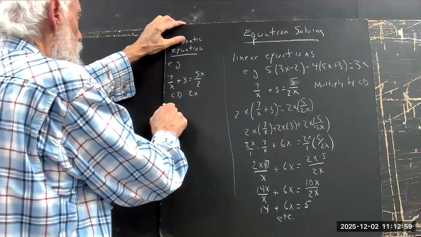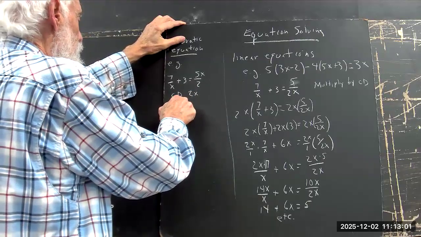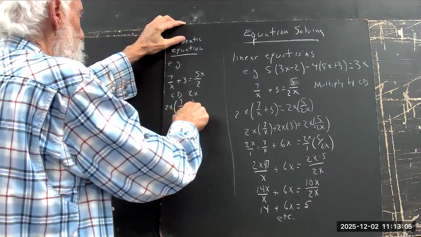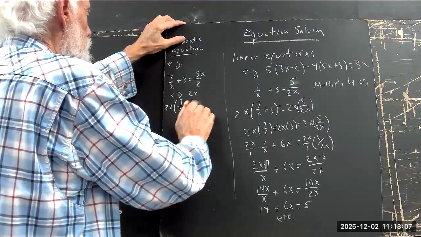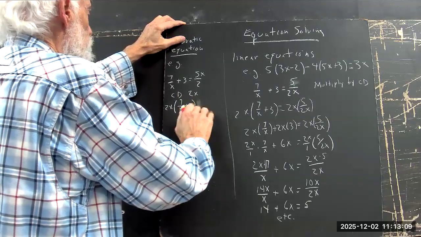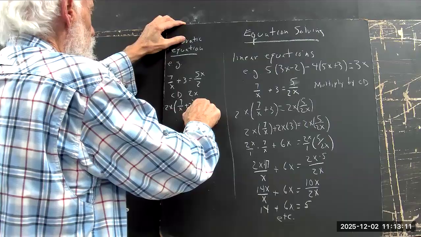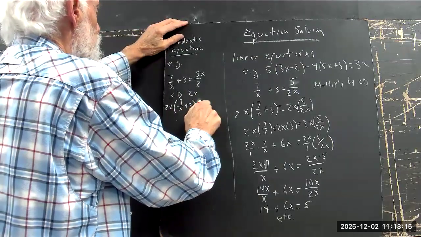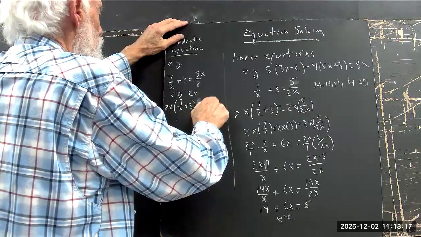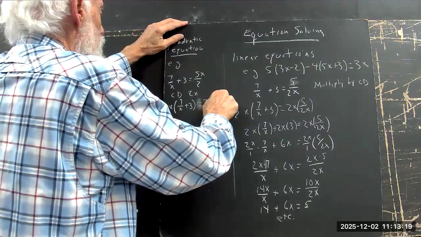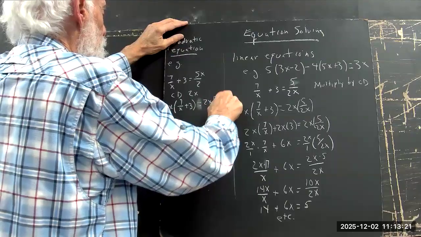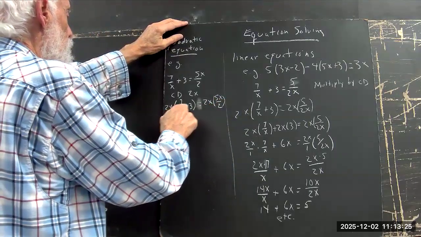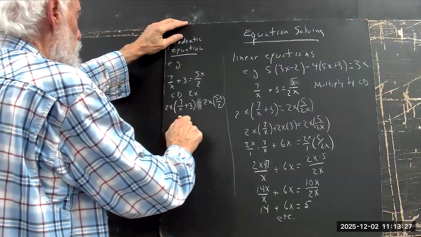So anyhow, common denominator, 2x, multiply 2x times 7/x plus 3 equals 2x times 5x/2. And you get 2x times 7/x. I'll put a few dots here.